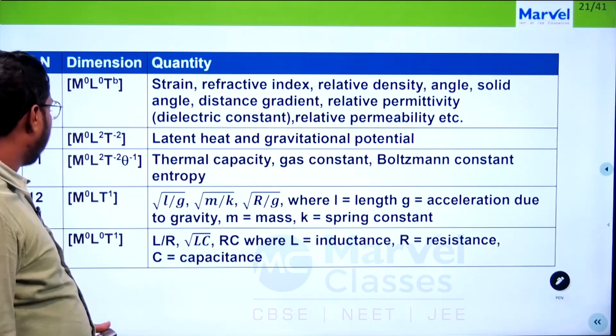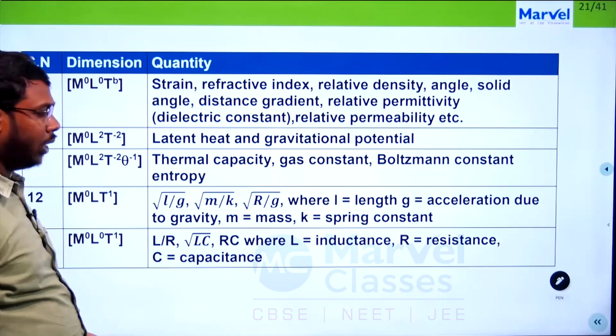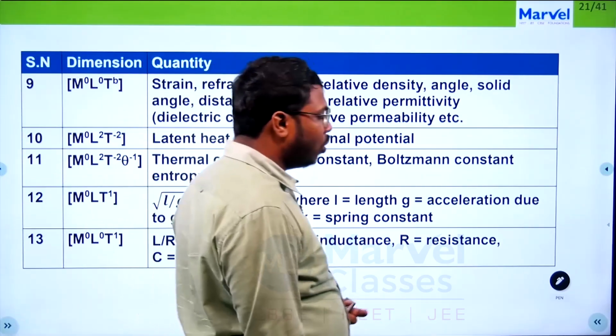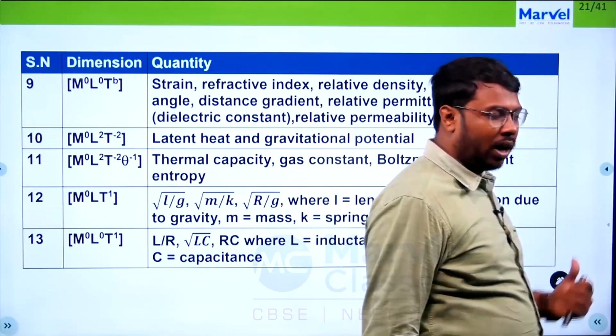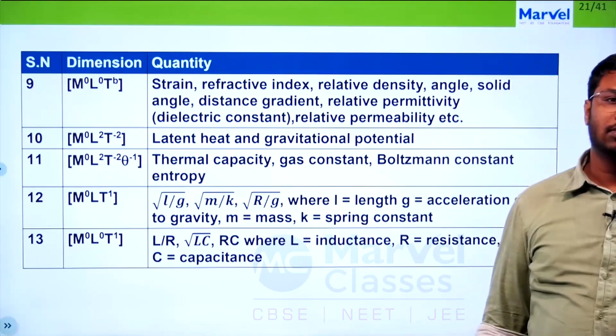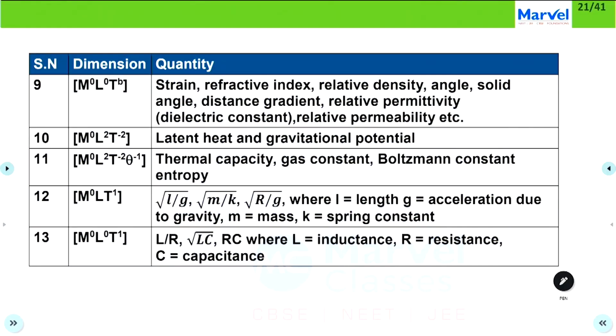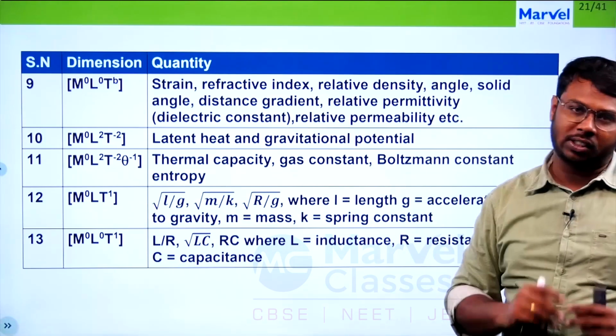I also have a different set of other quantities. So, I strongly recommend you go through these slides and try to remember these things. If this is your first chapter, as I have already said, it will be very difficult for you to remember these things, because you will be studying them for the very first time.